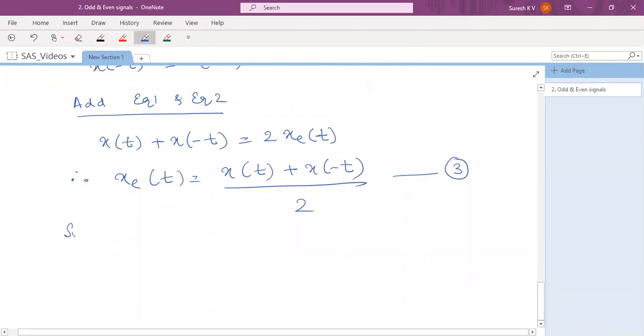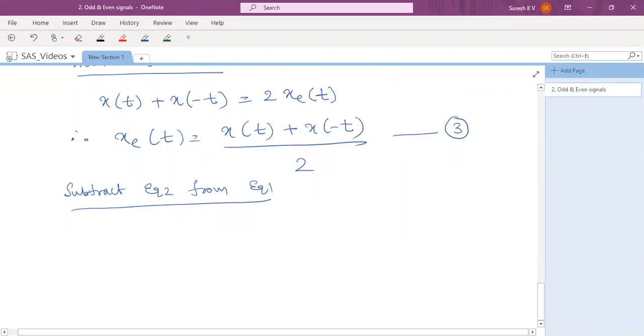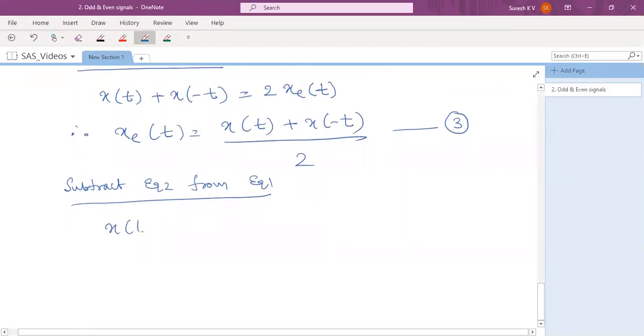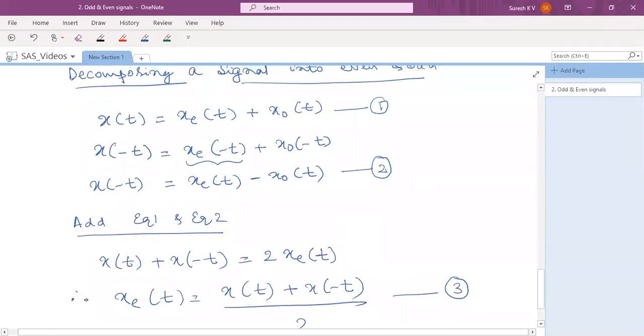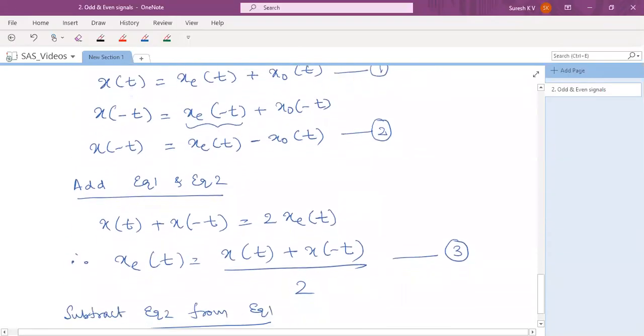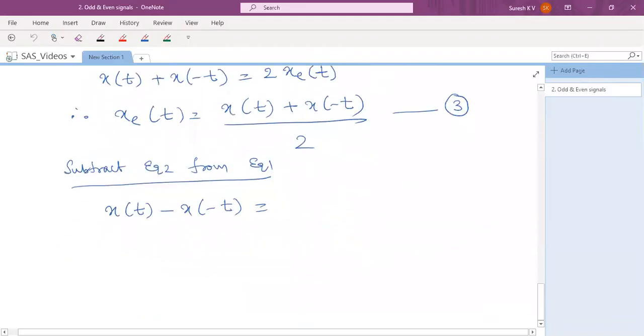Suppose if I subtract equation 2 from equation 1, then on the left hand side I will have x of t minus x of minus t. On the right hand side, as you can observe here, xe of t minus xe of t cancels, so I will get 2 times xo of t.